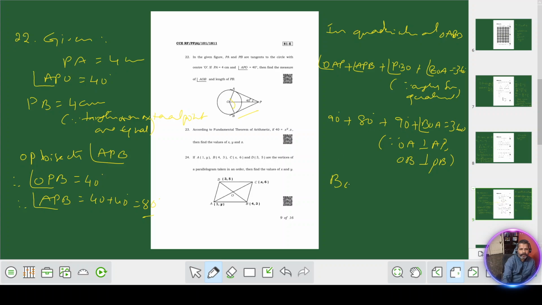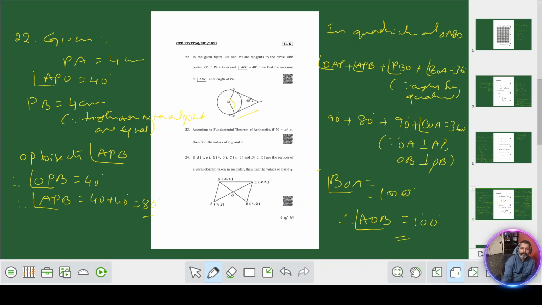Then upon calculation, BOA is 360 minus 90 plus 90 plus 80. We get 100 degree. They have asked AOB, not BOA, so just justify that.